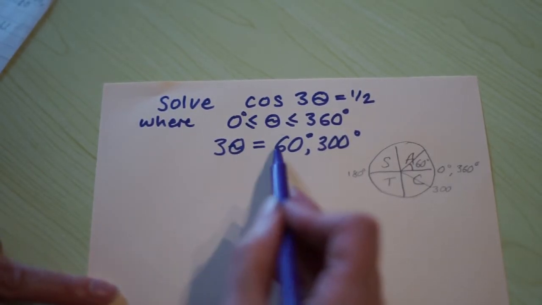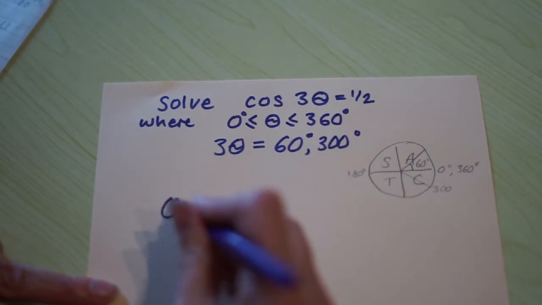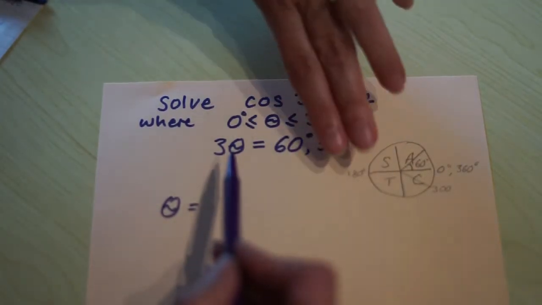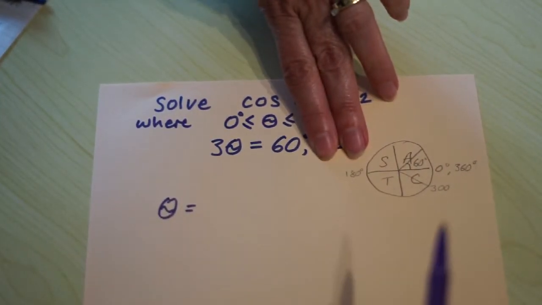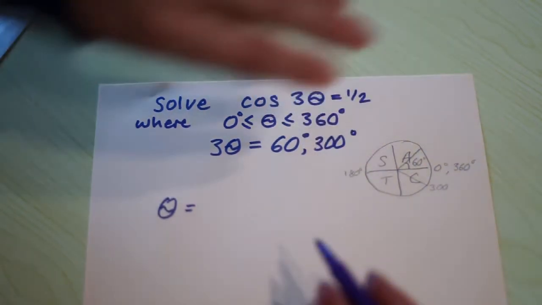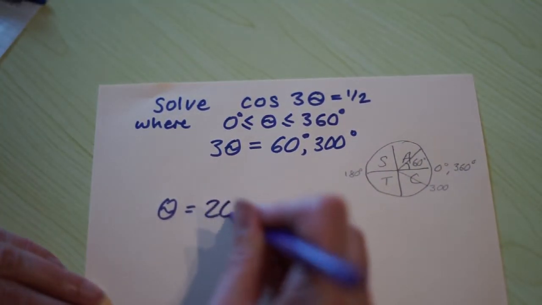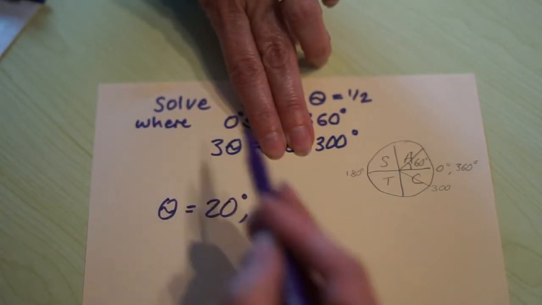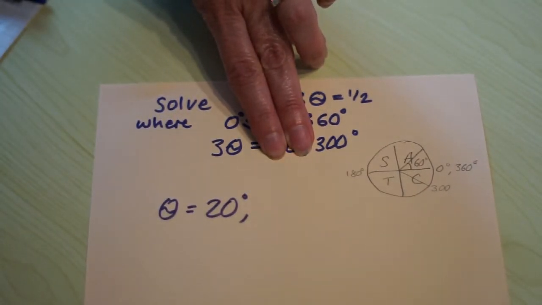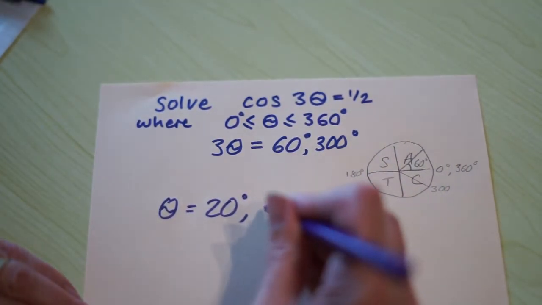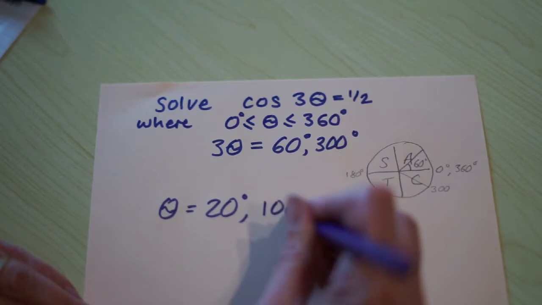So to get plain theta, we need to solve the equation 3 theta equals 60, obviously by dividing both sides by 3. So theta is 20 degrees, and then we need to solve this equation 3 theta equals 300, divide both sides by 3, theta is 100.